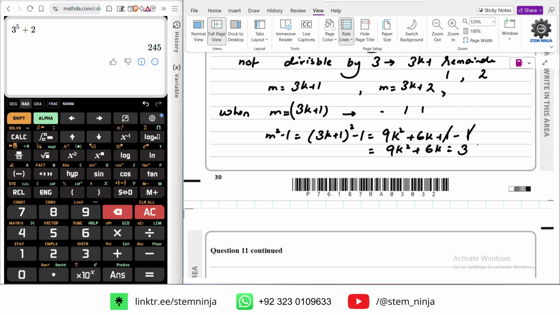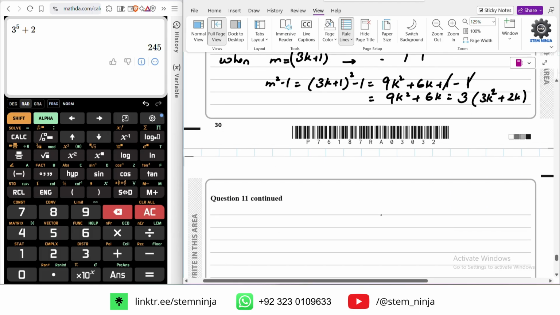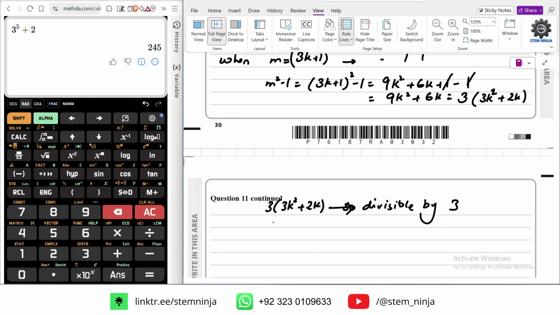So you can just rewrite it as 3(3k squared plus 2k). Now 3k squared plus 2k is an integer, so yes, it is divisible by 3, because it is a multiple of 3.